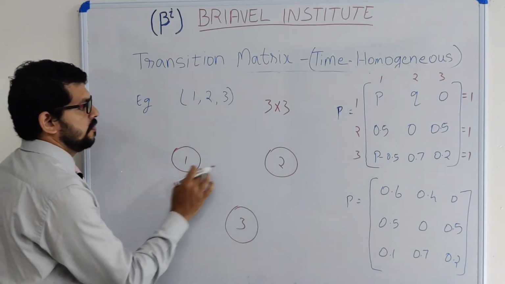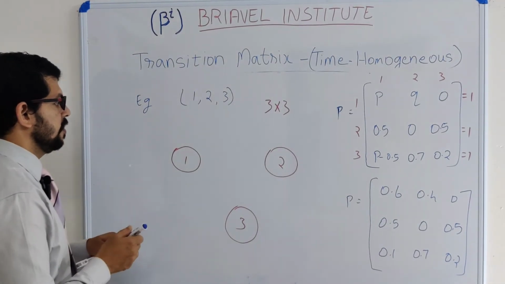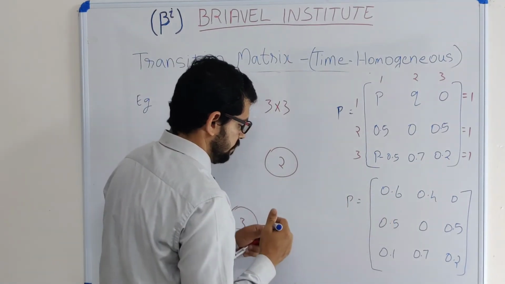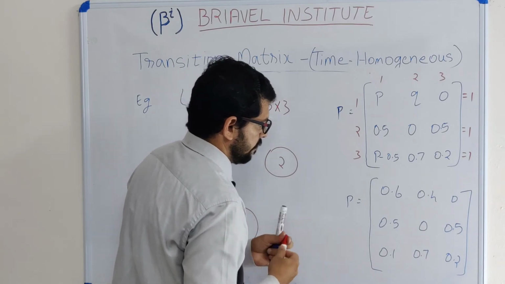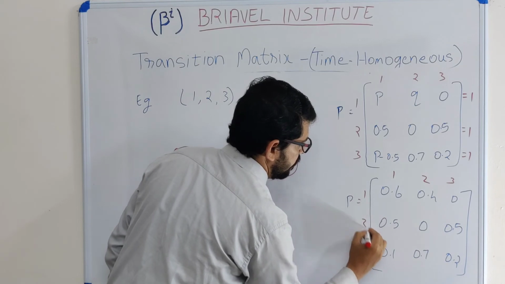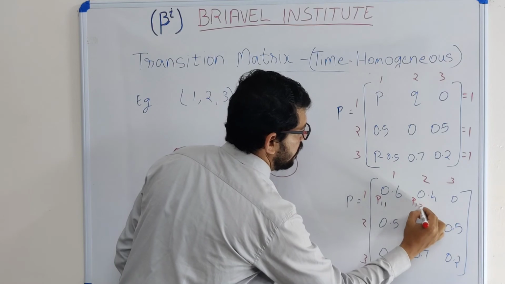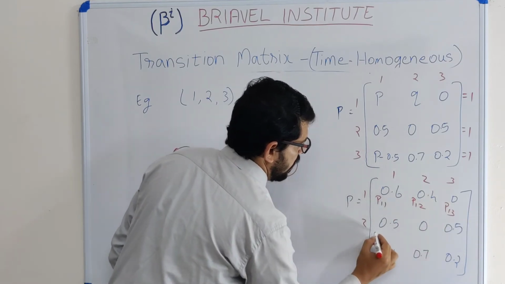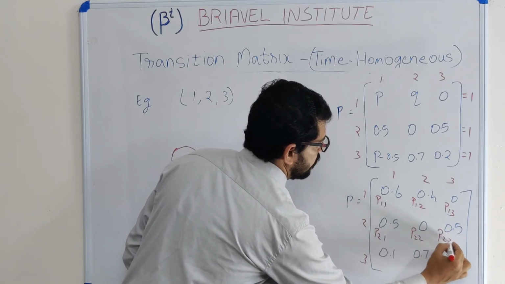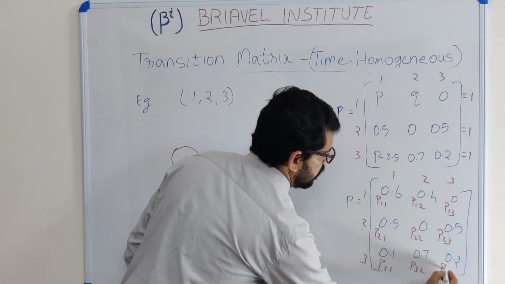Transitions happen from each state to the other states. In the first row, the entries will be P11, P12, P13, then P21, P22, P23, and P31, P32, P33.